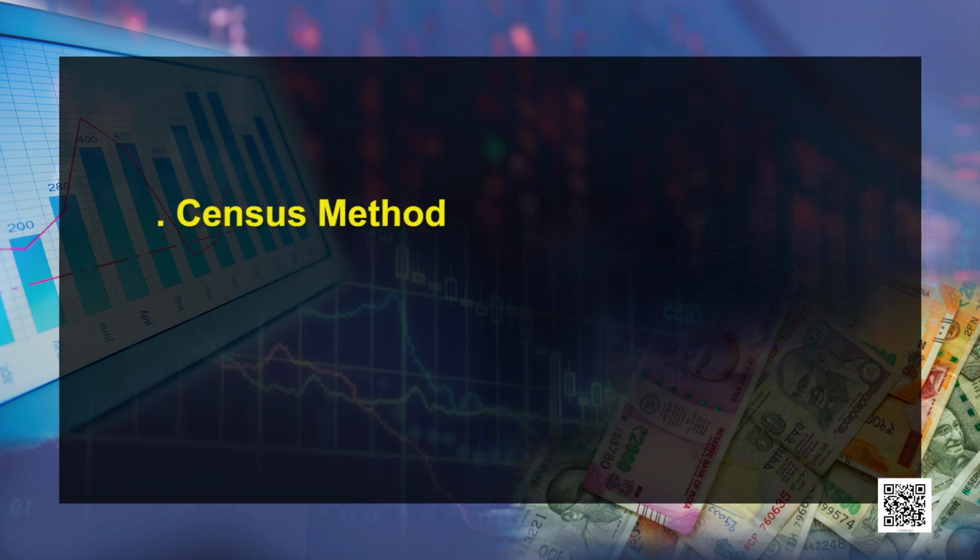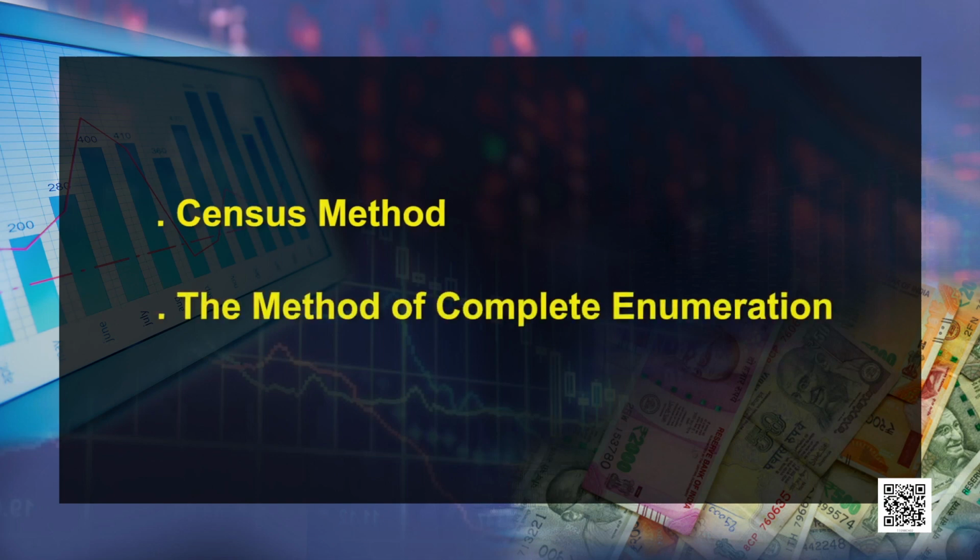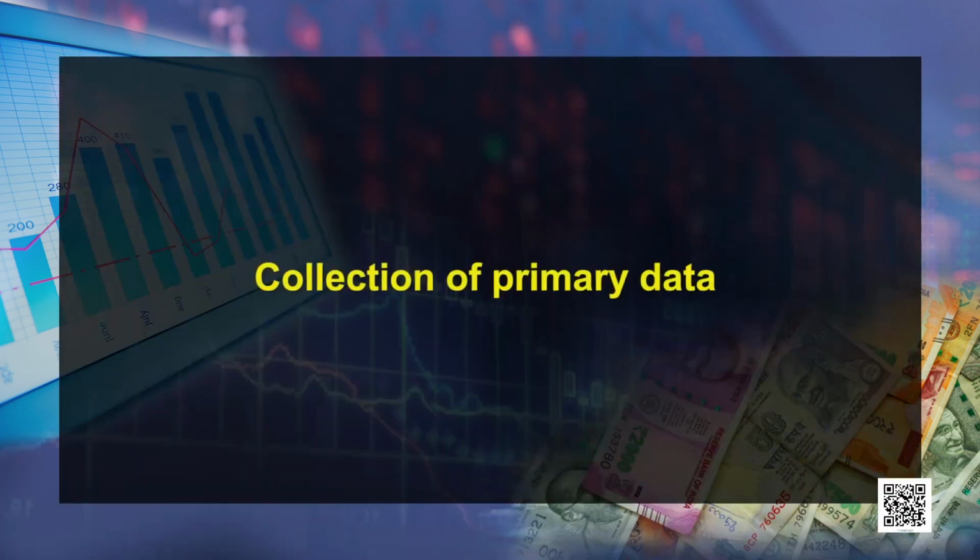The primary data may be collected either by the census method or the method of complete enumeration, where all individual units in the region are covered, or the sampling method, where only a fraction of the total population is covered. Collection of primary data.